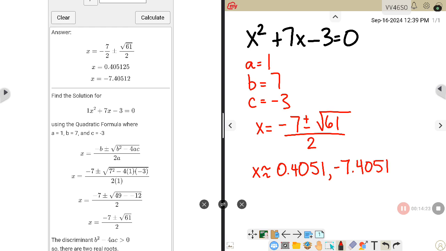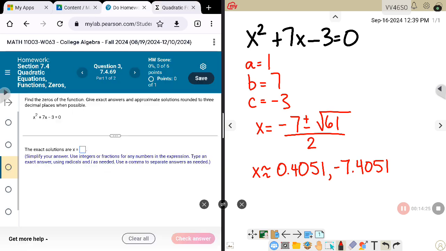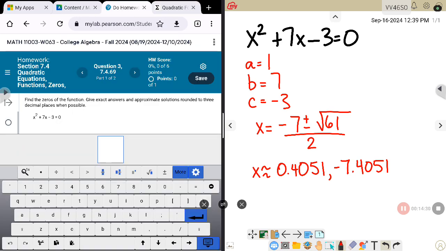So now let's go enter these into your homework. The exact solutions, again, are your square root solutions. What I am going to do first is tell it that I am typing in a fraction. And then I can type this all in at once. So I have negative 7.